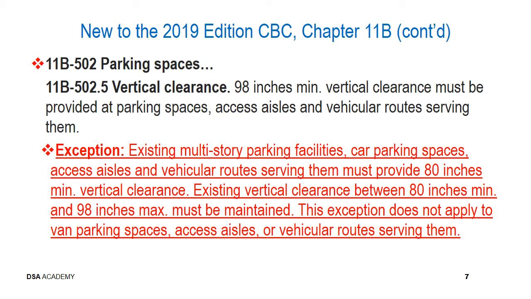It's important to note that this exception does not apply to van parking spaces, access aisles, or vehicular routes serving them. This exception is meant to address those existing multi-story parking facilities where it would be not only cost prohibitive but technically infeasible to make adjustments to the vertical clearance.